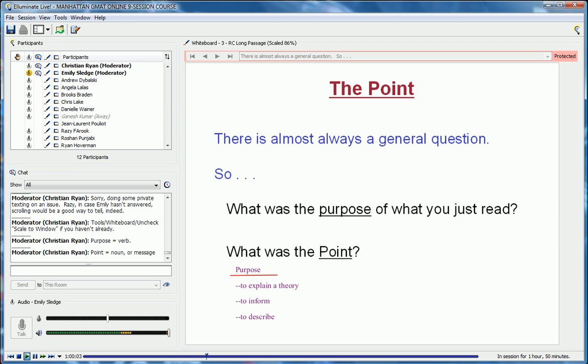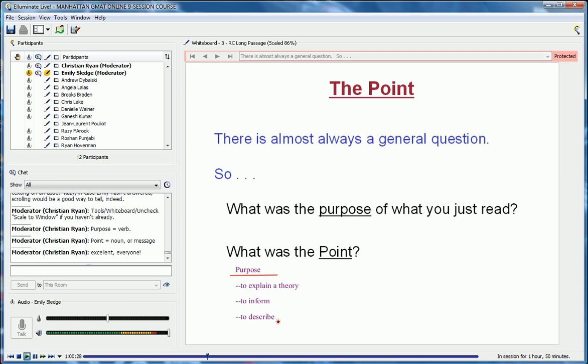This is great. So by and large, you guys were saying the purpose is to talk about this theory, but in a certain way, to explain the theory, or to inform the reader about the theory, or to describe the theory, and all the stuff that would be relevant to thinking about the theory. So you guys varied in your wording on this, but excellent job.